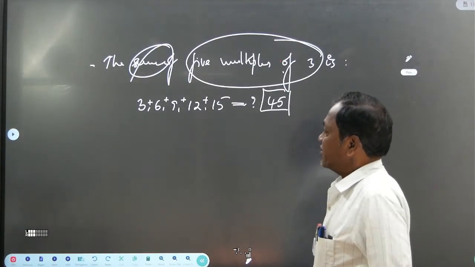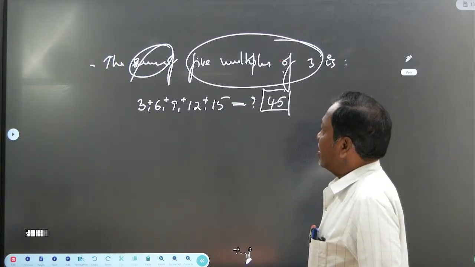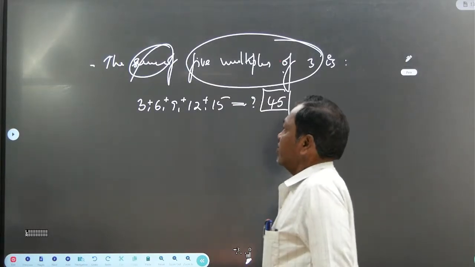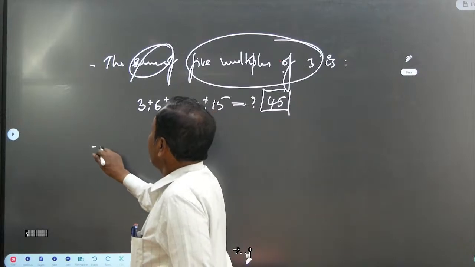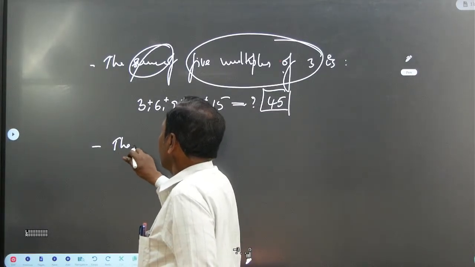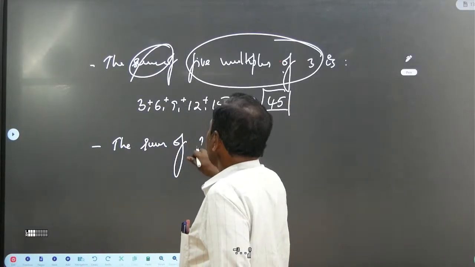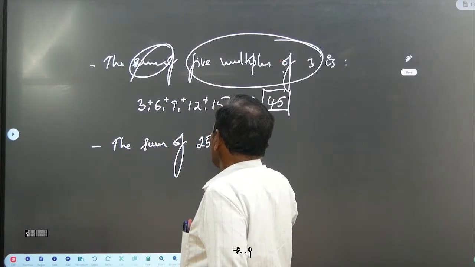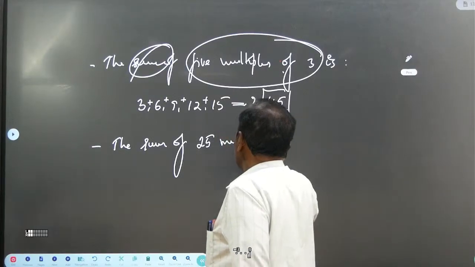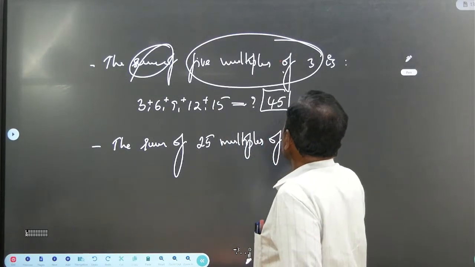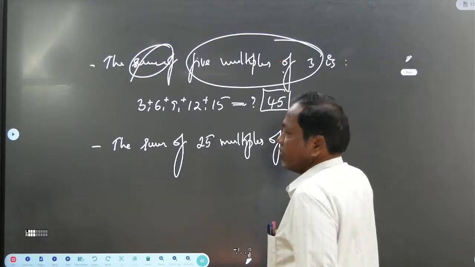Okay, right. And next, the sum of 25 multiples of 3 is, then how do you do?